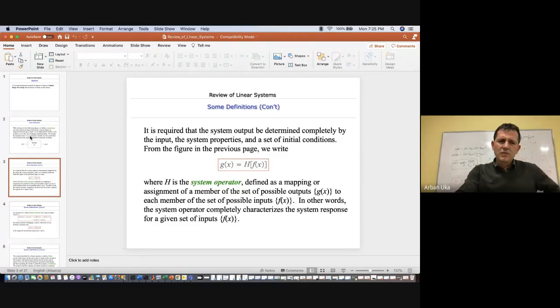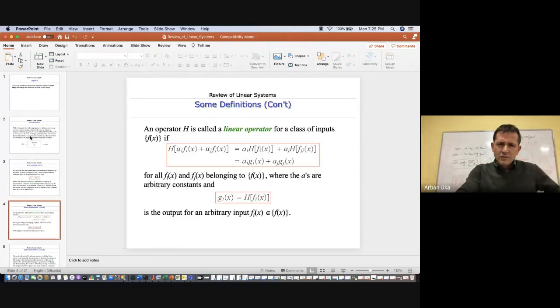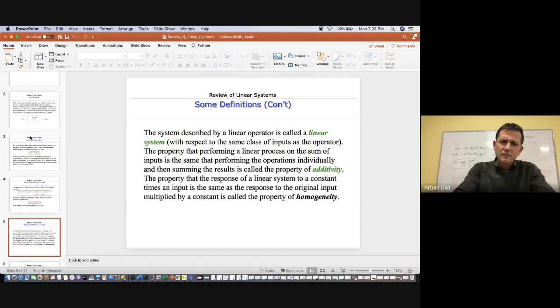An operator is called linear if, when the linear operator h is applied on functions fi and fj, h can be applied independently onto fi and independently onto fj, and this defines a linear operator.